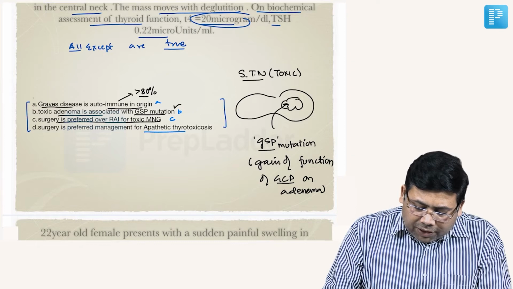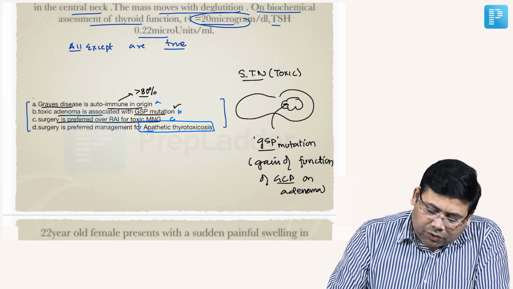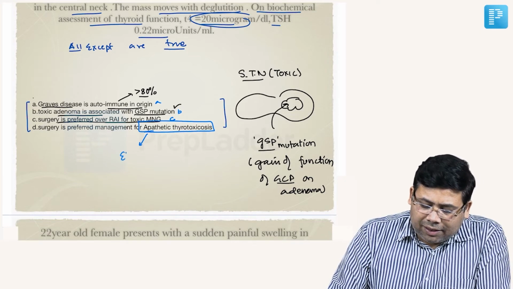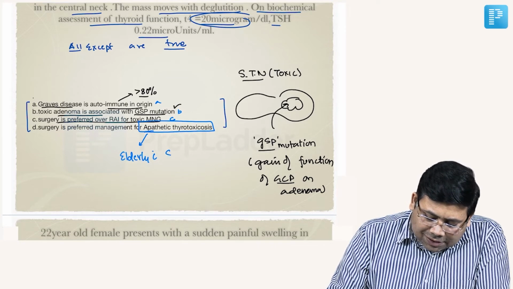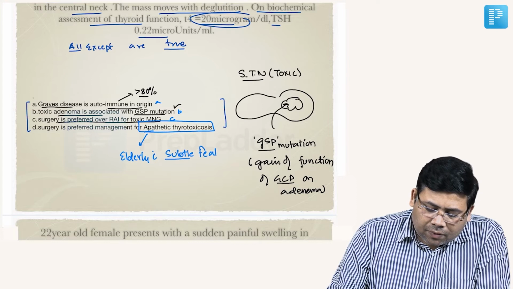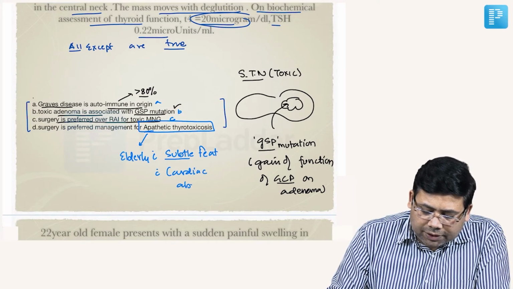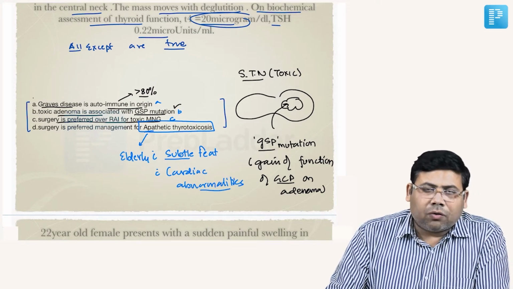Surgery is the preferred management for apathetic thyrotoxicosis. Now, apathetic thyrotoxicosis is seen in elderly with subtle features, with cardiac abnormalities. So all the frank features of hyperthyroidism are not there.